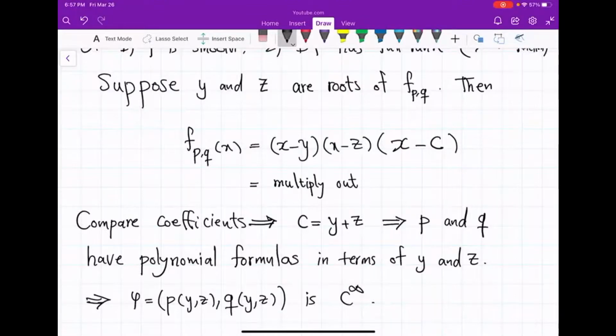So if you give me y and z, then I set my c to be y plus z, and I set my p and q according to the formulas, and then I can work backwards. So I start with y and z, I define p and q via those formulas, then it shows that this can be factored down, and then it shows that if pq has these roots, in particular, it has roots y and z. So it works both ways, which is a proof of part one. And P and Q have no free variables in them. So they are uniquely settled by y and z.